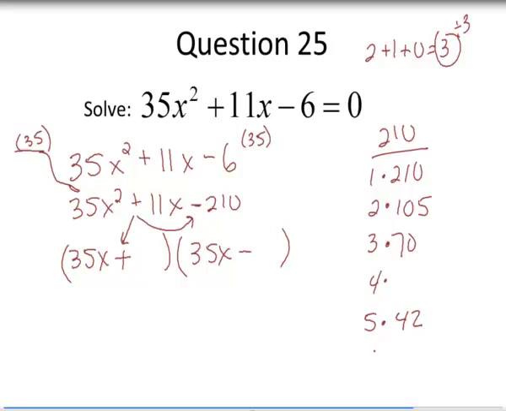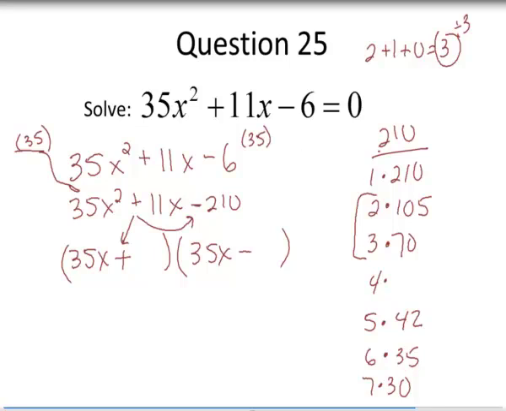Okay, let's keep going. 6 goes, yeah, 6 and 35. I know 6 because if it can be divided by 2 and by 3, then it can be divided by 6. Those are little tricks you learn along the way. 7 and 30. Good. We still haven't found factors to subtract to 11.